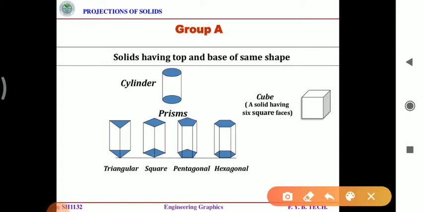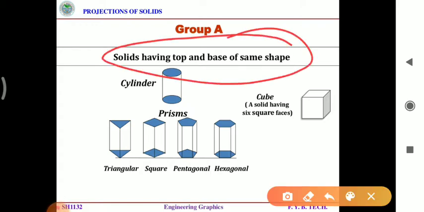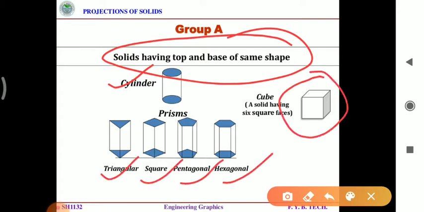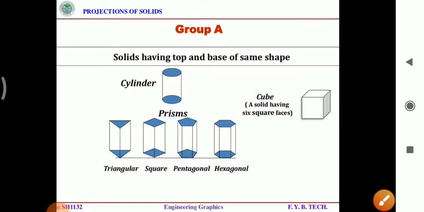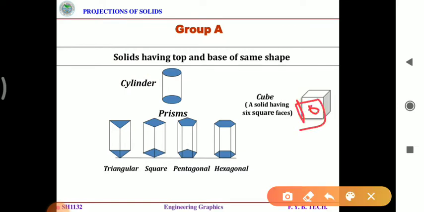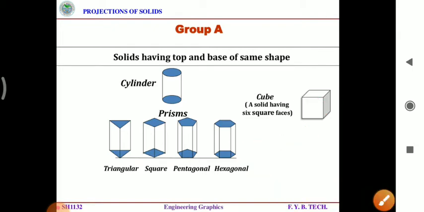Under this group come the cylinder, all prisms, triangular, square, pentagonal and hexagonal prisms, and the cube. Cube is also called a hexahedron, its technical name. It has 6 square surfaces. Okay, so this is group A.